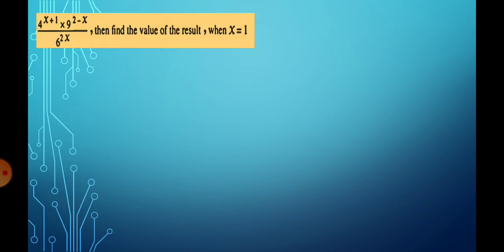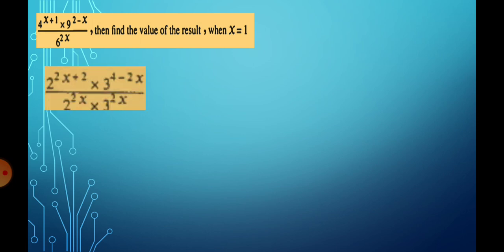4 to the power x plus 1 times 9 to the power 2 minus x over 6 to the power 2x. First, we find the expression in simplest form. 4 means 2 to the power 2, or 2 times 2. 9 is 3 to the power 2, 6 is 2 times 3. So we simplify 4 to the power x plus 1.